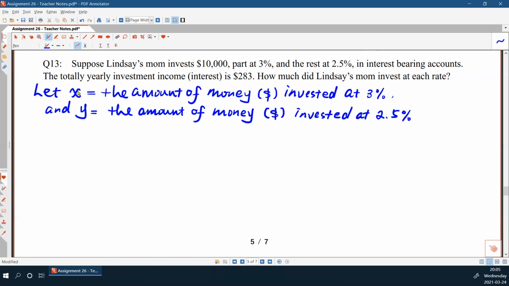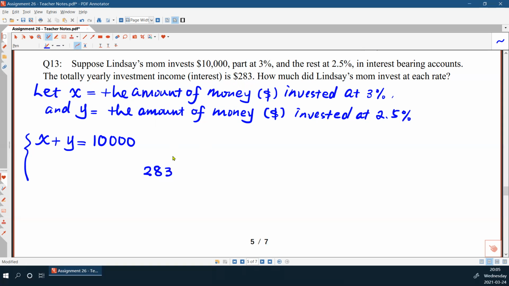So this should be solved from the given information. What information do we have here? First of all, we know that the sum of X and Y should equal the total amount of money, which is 10,000, right? Second, we know the total yearly investment income is 283, right? This is the total interest.